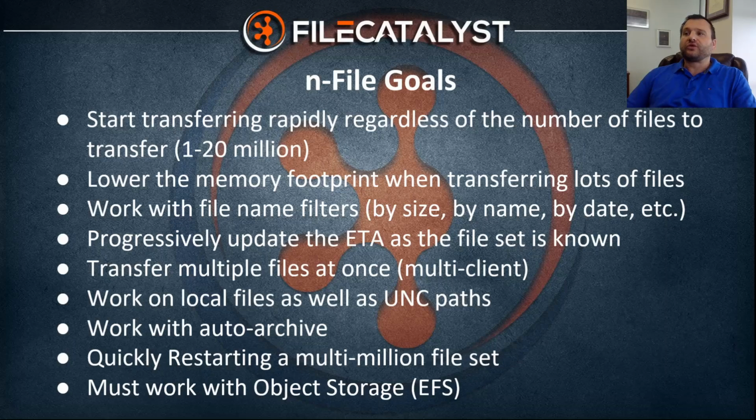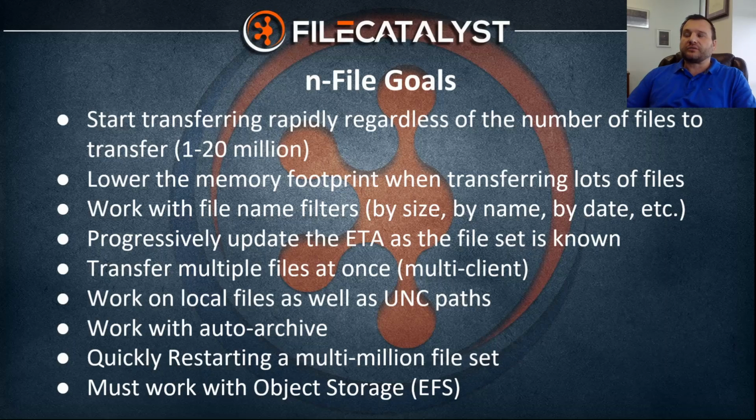We work on both local files as well as UNC paths. We work with auto-archiving. So that means if you have a whole bunch of small files, you can put them all into a zip chunk and transfer them, sort of like a tarball, that then automatically gets unzipped on the other end, which even further speeds things up.